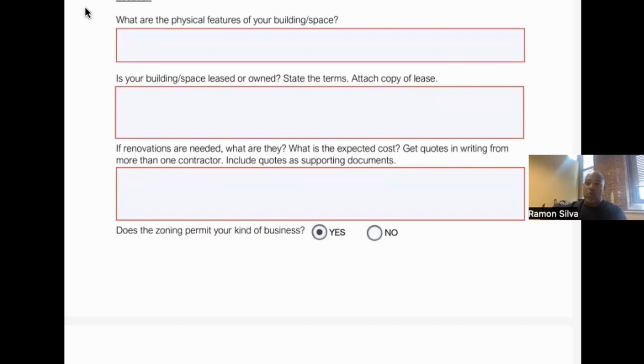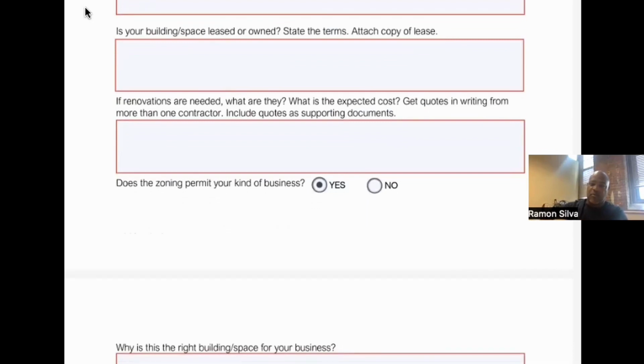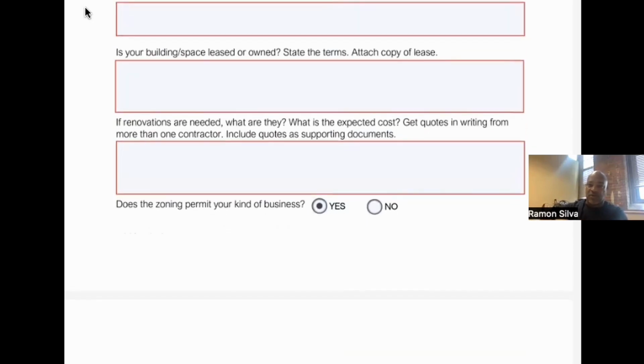The space may work for you physically, but if it's priced out of your range, it doesn't work for the budget of your business. Or are you trying to operate a manufacturing company out of your bedroom that doesn't work physically for you? It may have a cheap cost, but it may not work as a physical space. And that's pretty much what that first question is about.